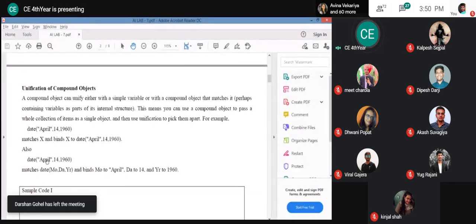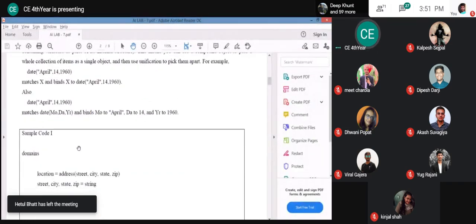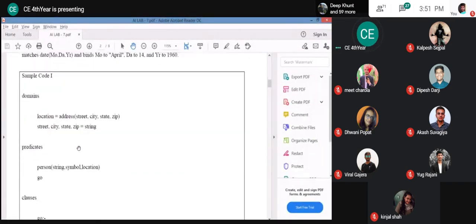If it is unified with this compound object, then since both the date objects are matched, the unification is done. MO is bound to April, DA is bound to 14, and year is bound to 1960. In this way, the unification of compound objects is done.